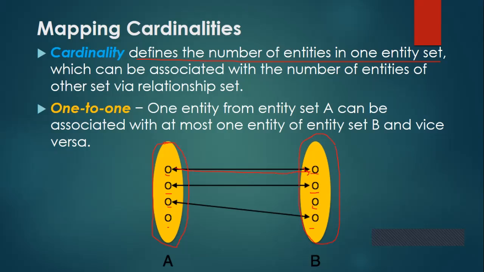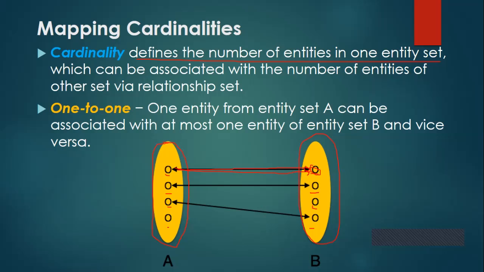Now when do we say it is one to one mapping? When one entity from set A is associated with one entity of the other set B, then we say it has one to one mapping.